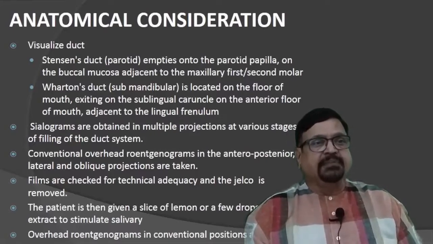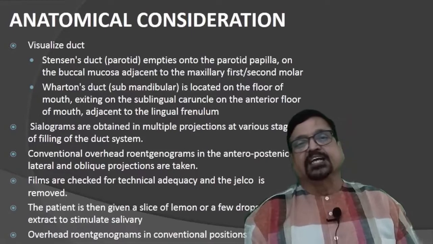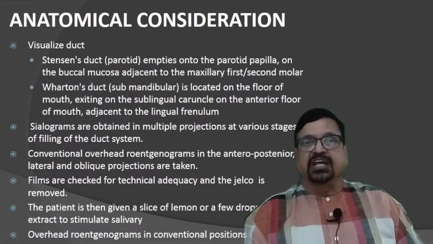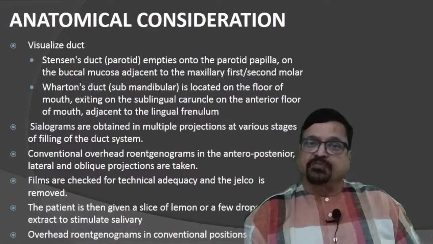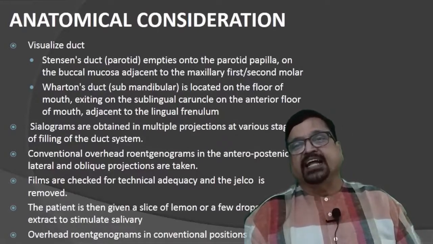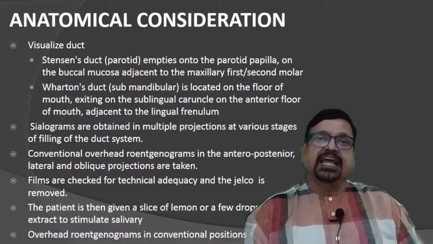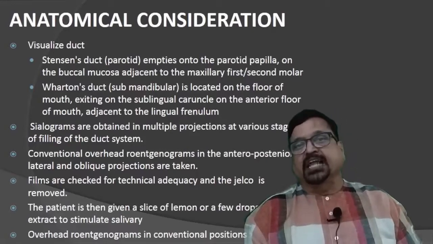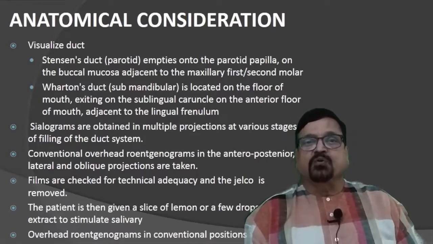Sialograms are obtained in multiple projections at various stages. So before starting the procedure, in the form of a scout film, or maybe as practice for the technicians, we show what is going to happen, and we have to do it in quick succession. AP and lateral projections: AP is taken straight, for lateral we have to go for trans-table positions. Some modifications are required.